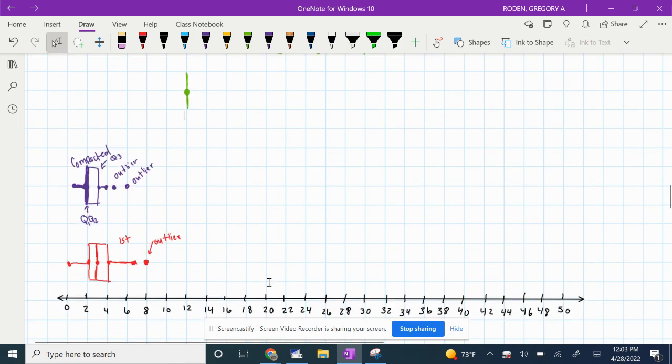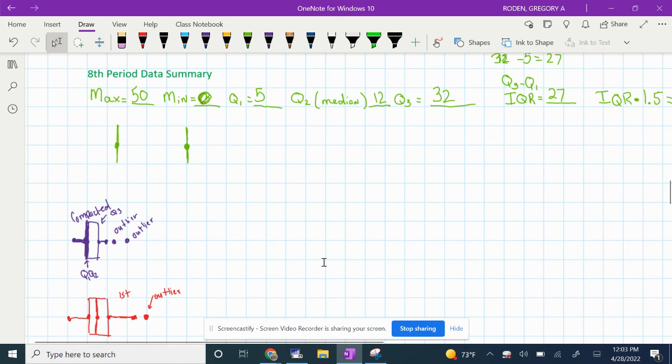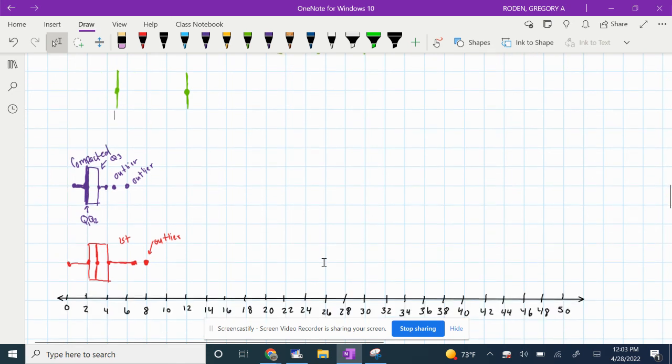So 5 is right here. There's my Q1. And then the next one I want to graph is my Q3. And my Q3 is 32. So way over here at 32 is my Q3.